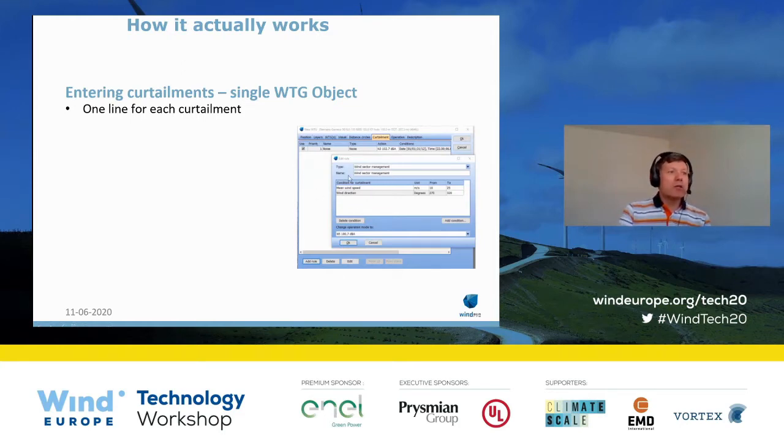So eventually this turbine will have at least two curtailments. What you do is create a number of rules to define each curtailment. I will show you in a brief presentation after the PowerPoint how you can actually do this in windPRO.